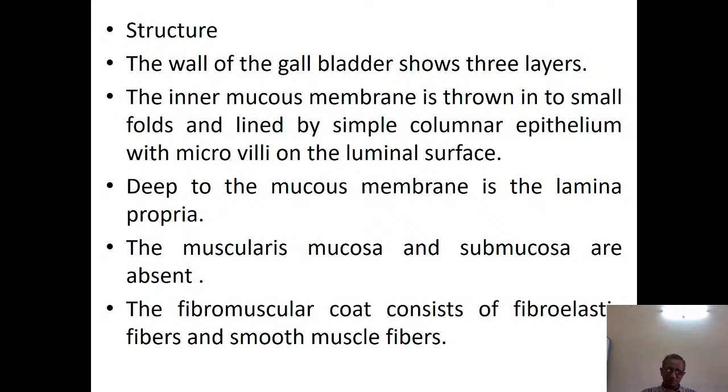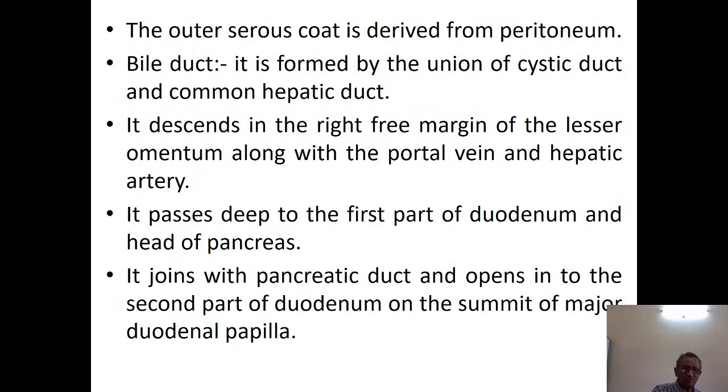Only epithelium and lamina propria are there, and submucosa is also absent. So immediately after the mucosa, we have directly the fibromuscular coat consisting of fibroelastic fibers and smooth muscle fibers. Then outside we have the serosa, as in any other gastrointestinal organ.